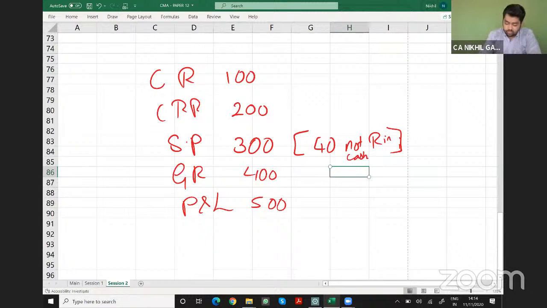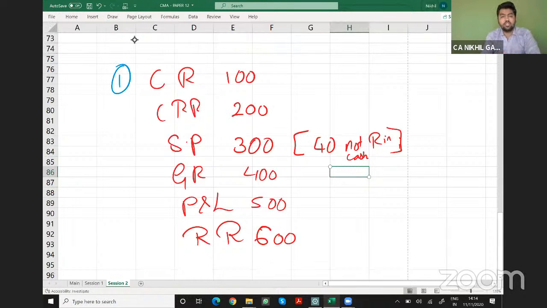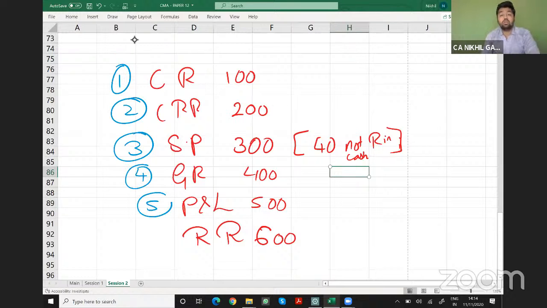And I will also add one more thing. Revaluation reserve is 600. So my sequence of usage will be: first capital reserve, then CRR, followed by securities premium, then general reserve, then profit and loss account. Revaluation reserve should not be used.